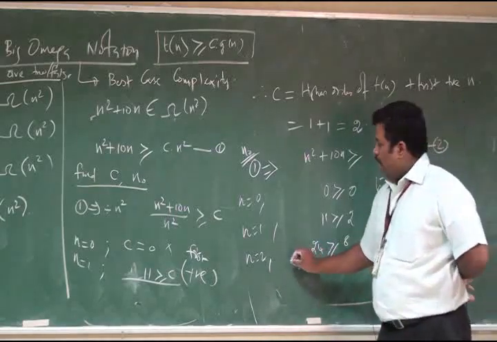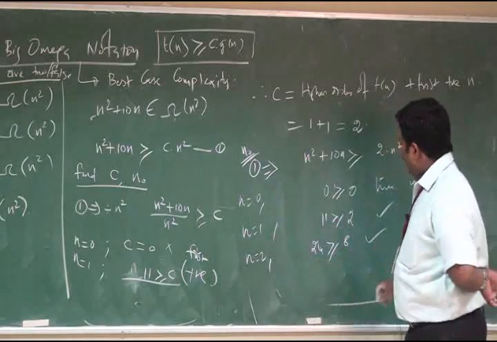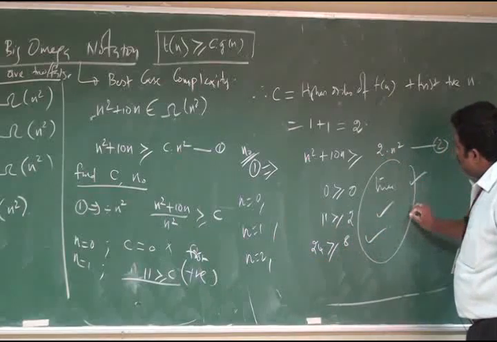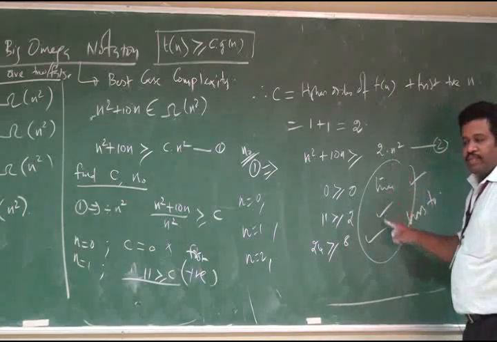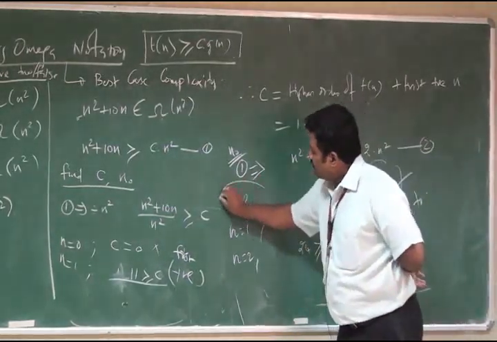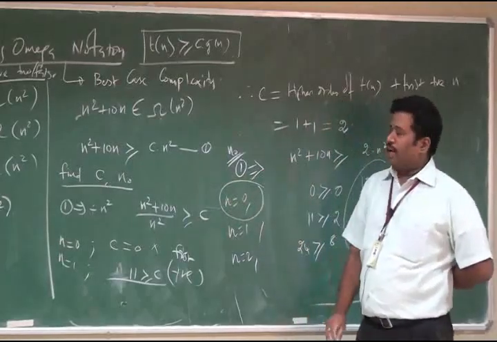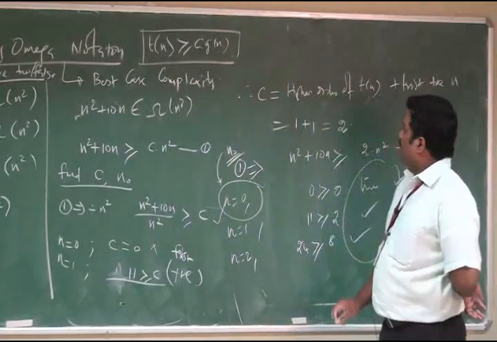So you are supposed to identify the possible input instances, and it is supposed to be true always. Once it is true for successive possible input instances, go for the first non-negative value. So this could be selected as the non-negative integer n naught.